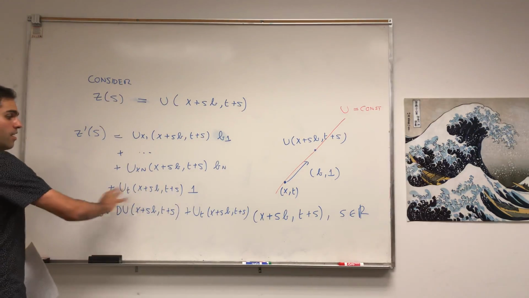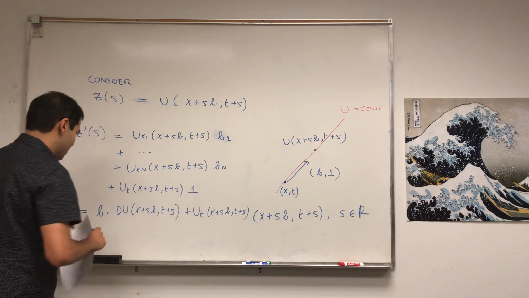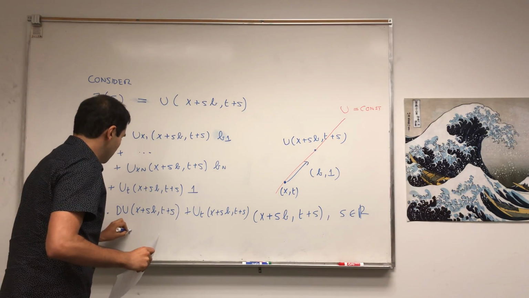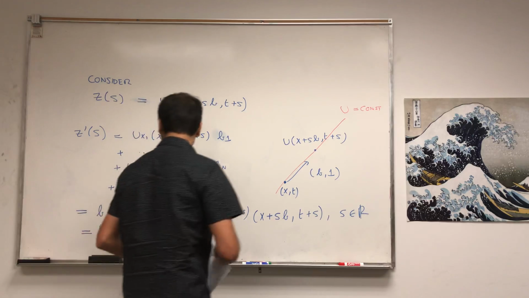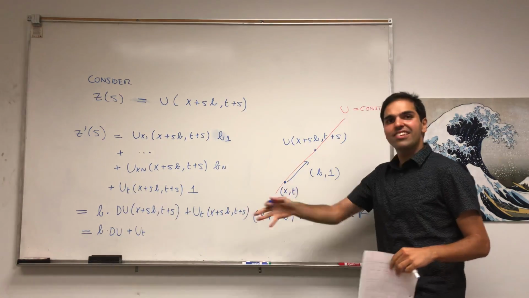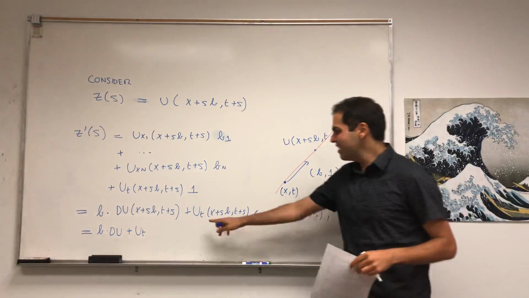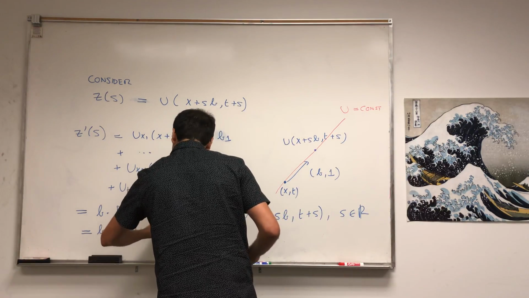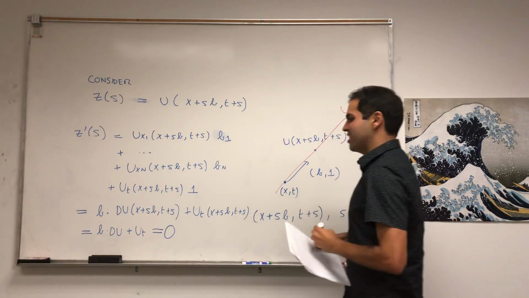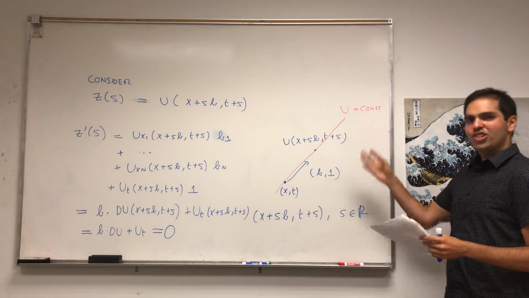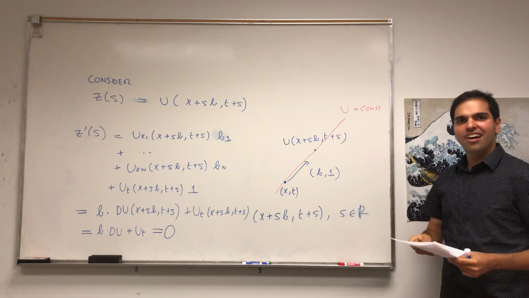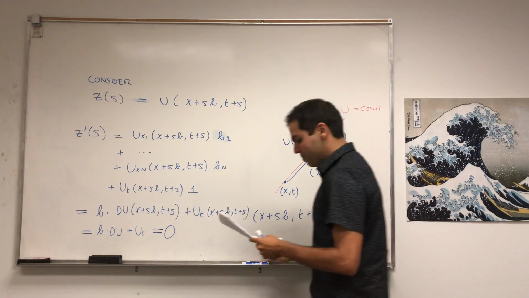And in particular, let's forget now the things inside. So it's b dot Du plus u_t. And so in particular, since our equation holds at every point, it holds also at this point. So in fact, this equals 0. So we have shown rigorously now that the value of u along those lines is constant.